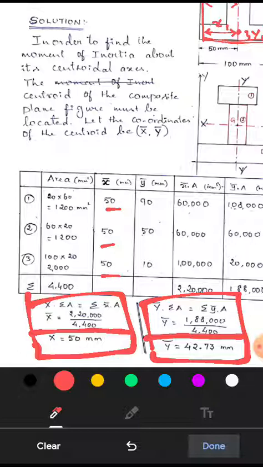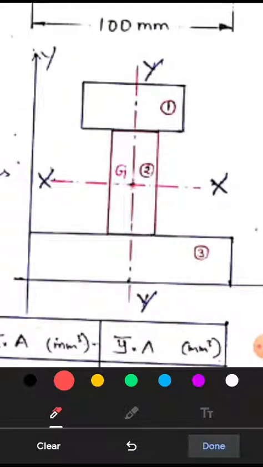In this case it is 50 mm and 42.73 mm. So the location of the centroid is right here. If we draw an axis through this point, we can call these two axes the centroidal axes.